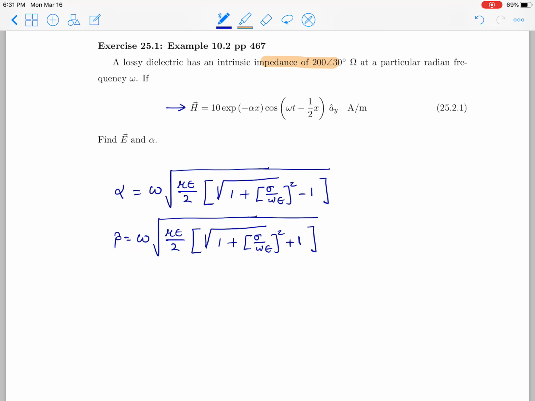So if we take the ratio of alpha divided by beta, we will get an equation that's not a function of frequency.